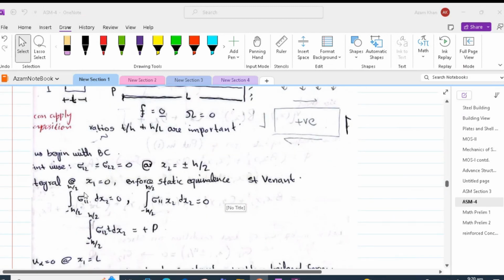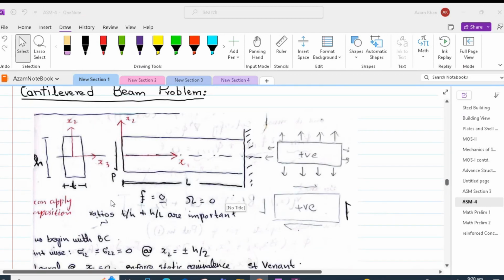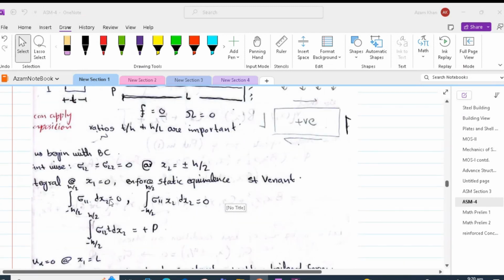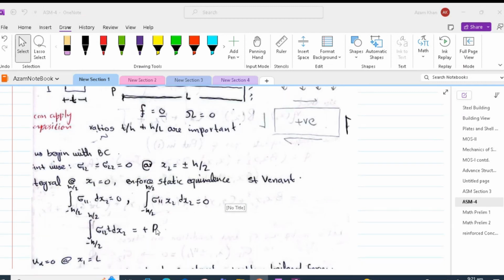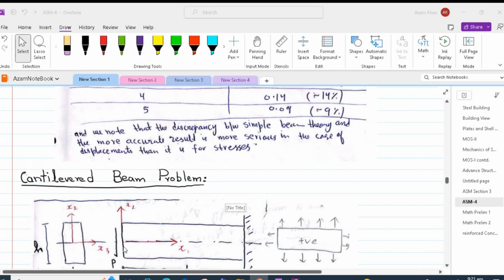So we can begin by discussing the boundary conditions, and from the boundary conditions we will try to derive our stress function. So first of all, we have these vertical sides. The free vertical side has load P applied, and this load P would be assumed to be taken by the internal shear stress at the face of the free end.